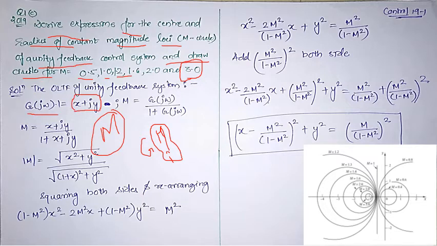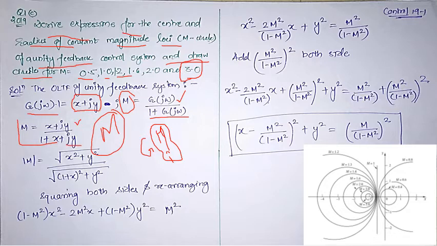And if you see, the magnitude or the M can be written as G(jω) divided by 1 plus G(jω), right? So this is the closed loop transfer function. Then M can be expressed as x plus jy divided by 1 plus x plus jy.